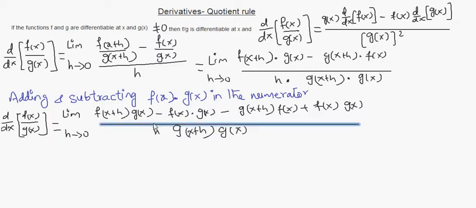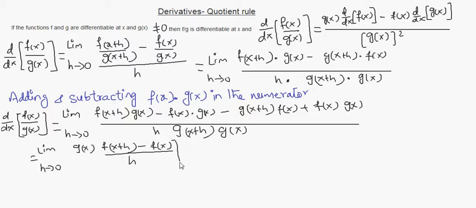Now we can factor out some of the terms in the numerator and apply the rule of divisions. That gives us limit as h approaches 0. Now if we factor out the g of x in the numerator, you would have f of x plus h minus f of x divided by h minus, and you can factor out the f of x term.